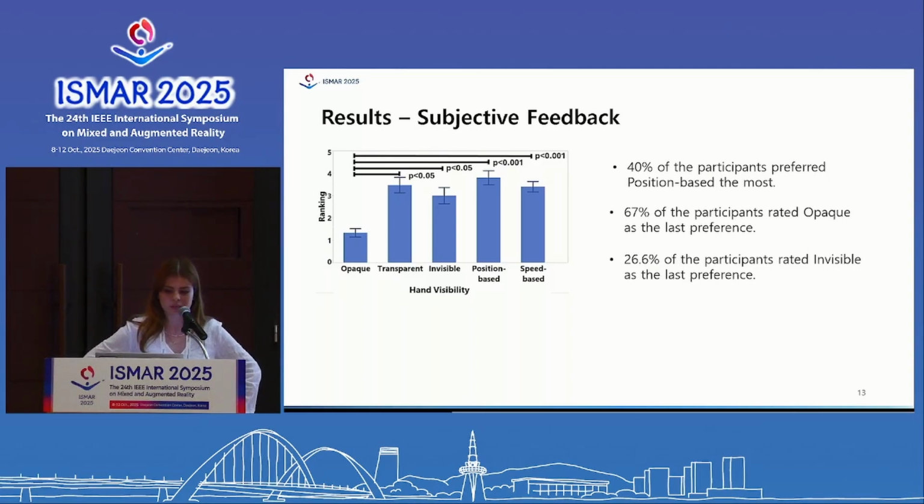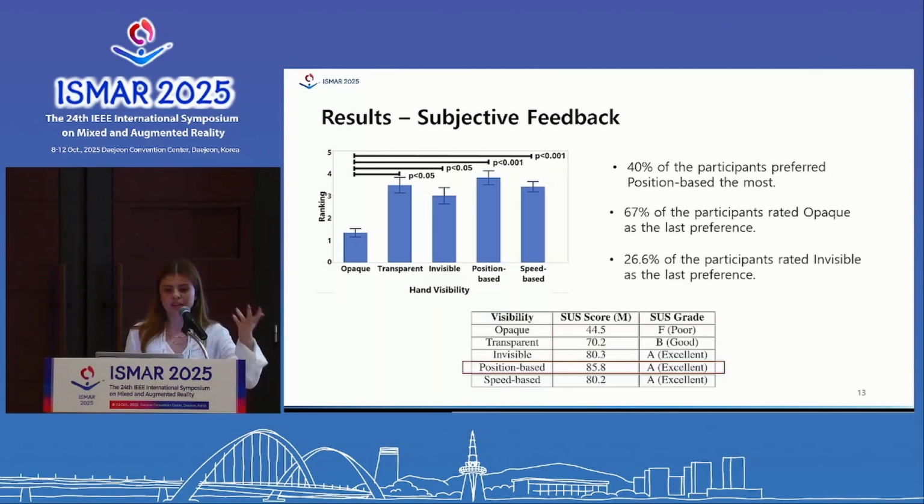67% of the participants rated opaque as the last preference, and almost 27% of the participants rated invisible as the last preference. Although invisible hands performed slightly good compared to opaque hand, similar to the position-based and speed-based hand visibilities, in our subjective feedback, it rated second last choice.